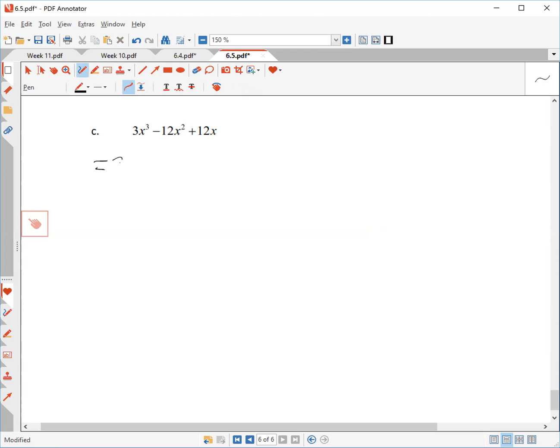So you take out the GCF first, 3x, which leaves you with x squared minus 4x plus 4. Sorry about that, that's a plus 4. We look at that as the product of two numbers that's 4 that adds to negative 4. 1 and 4, or negative 1 and negative 4 is negative 5, but negative 2 and negative 2 is negative 4.